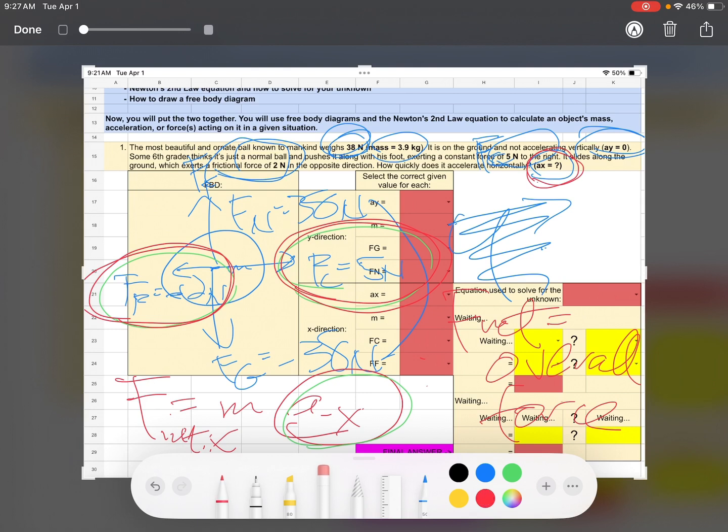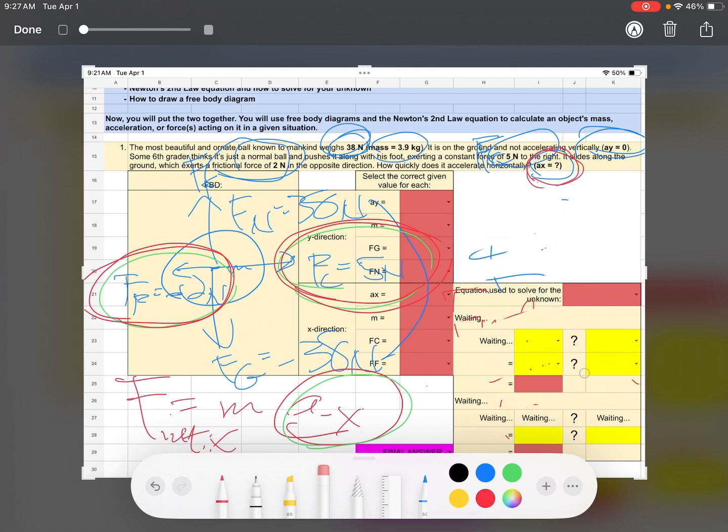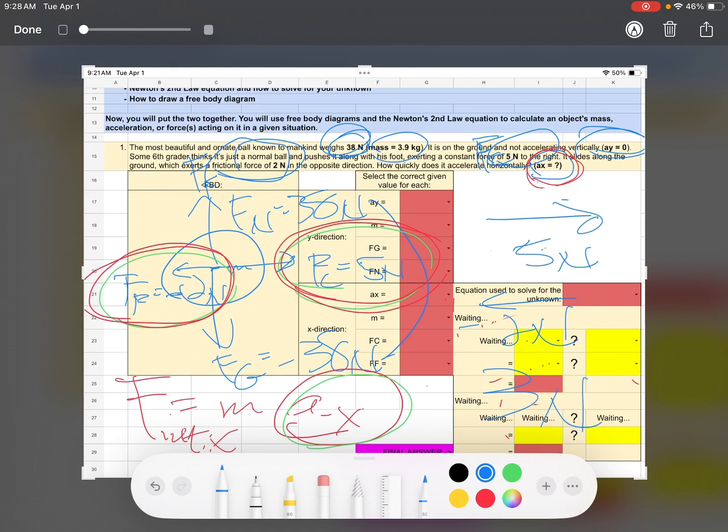Add them up: 5 plus a negative 2. If somebody is pulling on you to the right with 5 newtons and pulling on you to the left with negative 2 newtons, what's the overall force acting on you? It's 3 newtons. That would be F net, the net force.